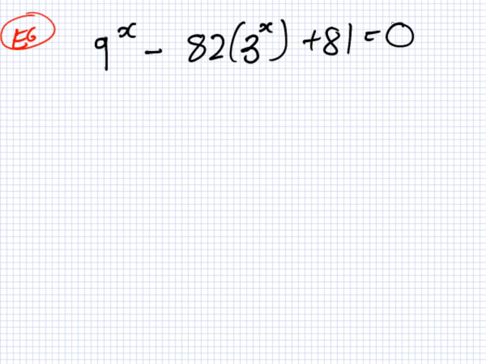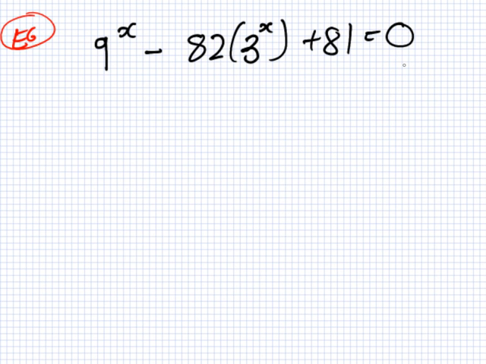Now things are a little bit more difficult here. We can't really compare anymore because we have three terms instead of two terms. So for example, if this 81 wasn't here, maybe I can just take this over to the right and then compare again. Can't do that here.